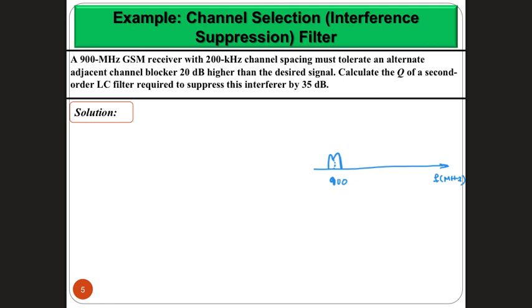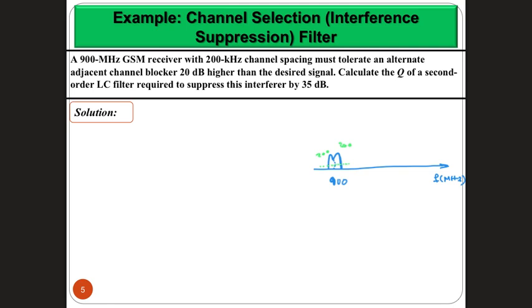This means that simply around this signal, we have to leave from the center frequency a distance of 200 in this direction and a distance of 200 in the other direction.